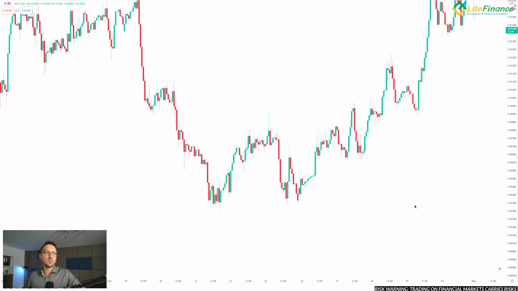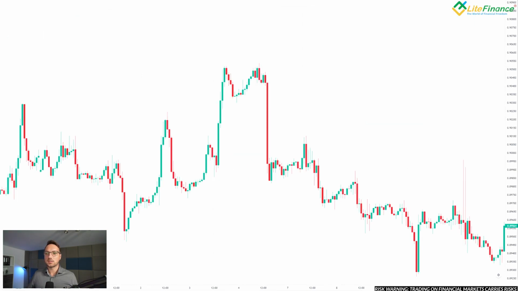Let's go for the other example. This is a double bottom. And you need to have in mind that not always will the patterns be very clear and easy to spot as in this example.